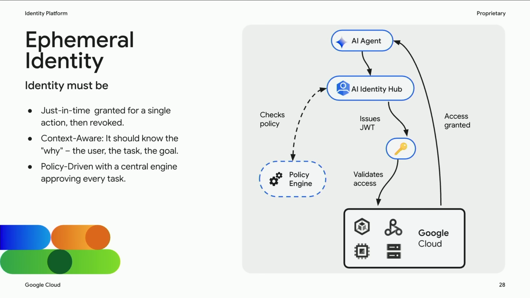The hub checks policy, validates the request, and mints a short-lived, single-purpose JSON Web Token with custom claims, which can be validated to perform the intended action. The principle, as we discussed, is simple. Beyond securing the agent, we must start securing every single task. This requires an identity that is just-in-time, context-aware, and policy-driven.